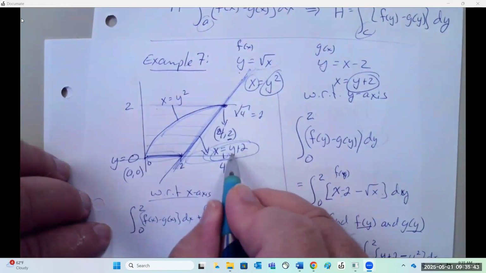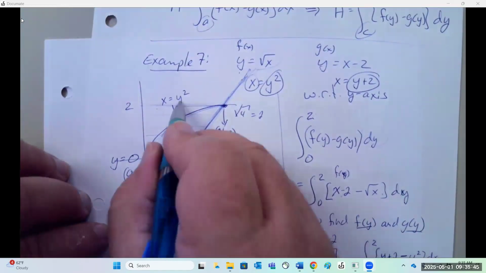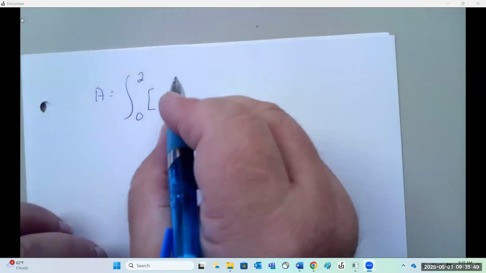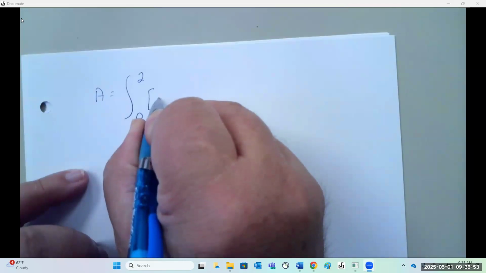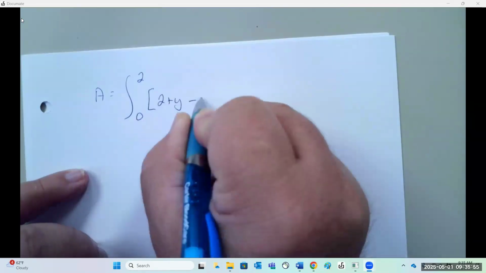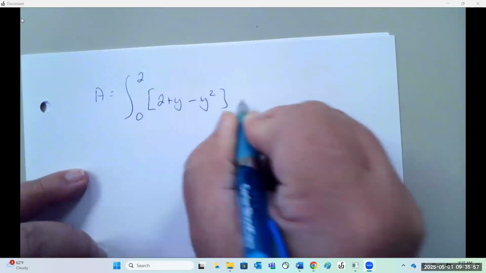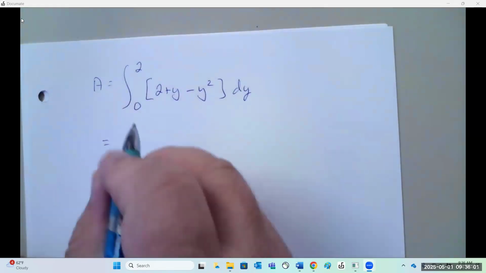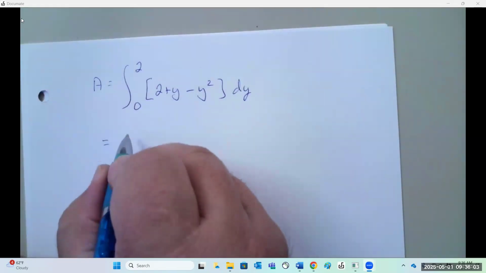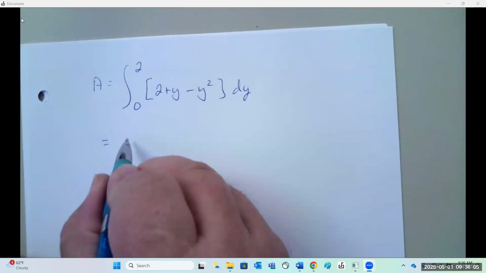So it's going to be y plus 2 minus y squared. That's what we're going to be taking inside here: the integral of 2 plus y minus y squared dy.